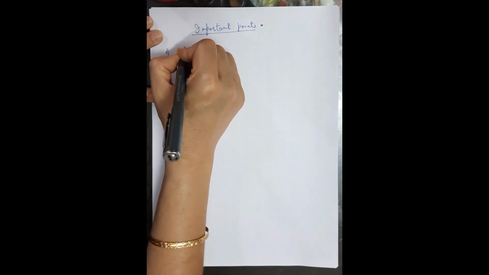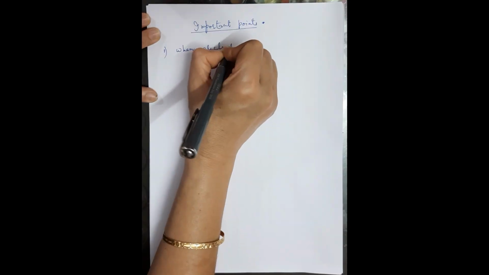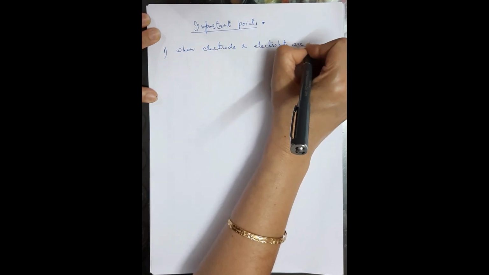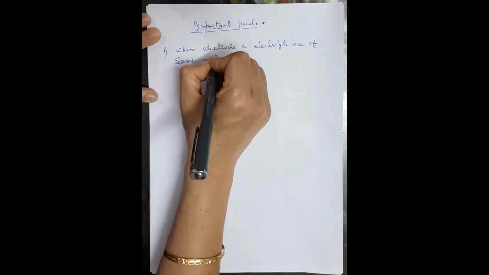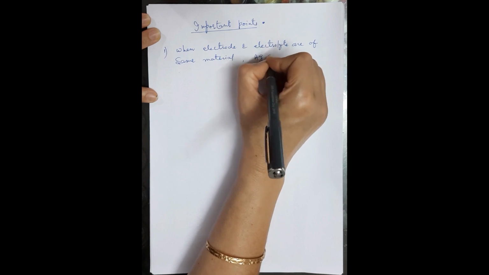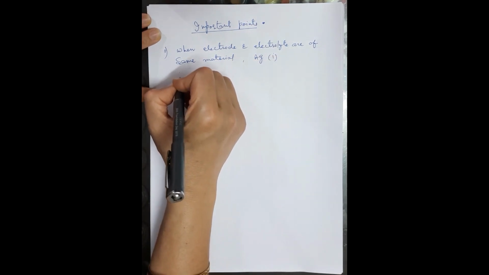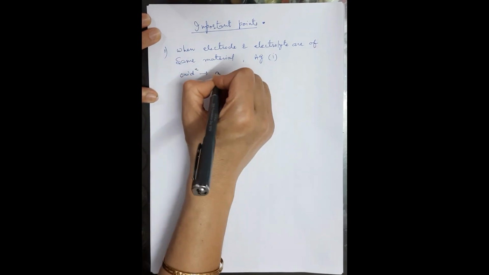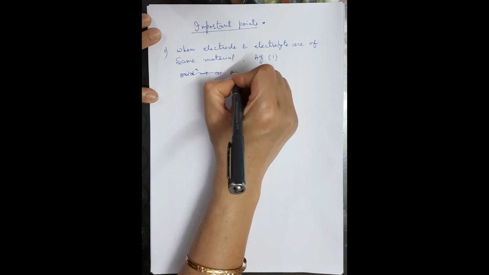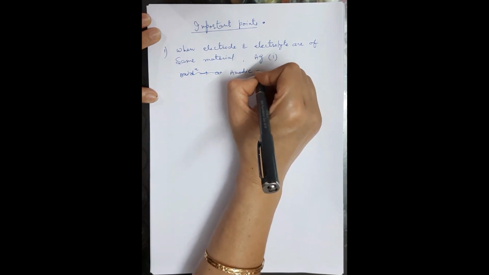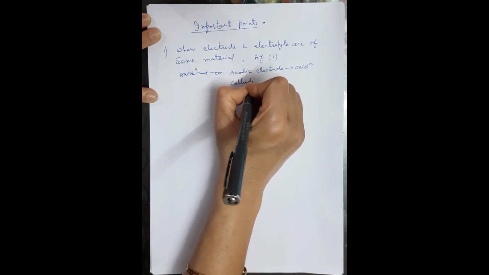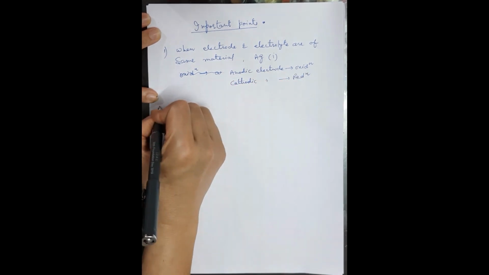First point is, when electrode and electrolyte are of same material, like you have seen in the case of silver, the first example which I have discussed, in that case oxidation occurs at anode, then the anodic electrode undergoes oxidation and cathodic electrode undergoes reduction.